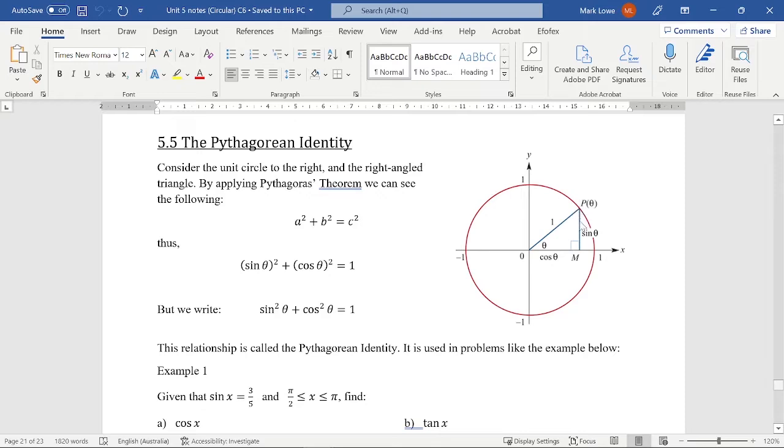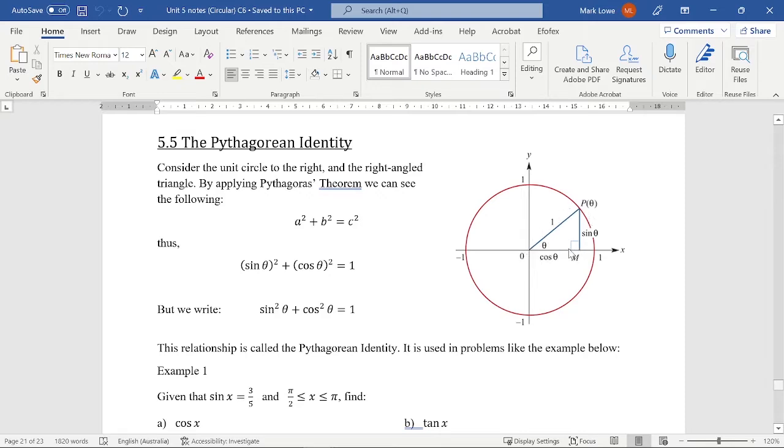With our understanding of sine and cosine within the unit circle, this length of the right angle triangle would be equal to sine theta, because that is our y coordinate. So that's going to give us the length of that side which is opposite the angle theta. The side adjacent to that angle theta is cos theta.